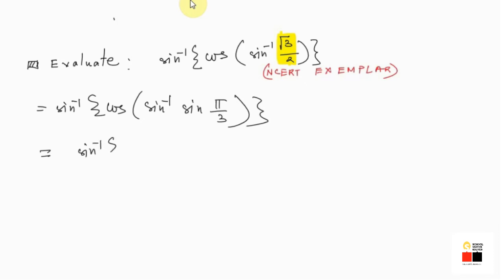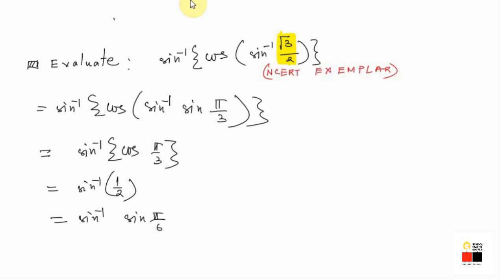Sine inverse cos pi by 3. Cos pi by 3 means 1 by 2. Sine inverse of sine pi by 6 equals to pi by 6. Pi by 6 will be the answer.